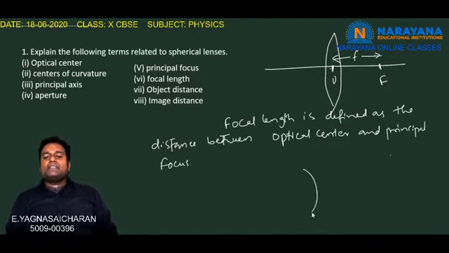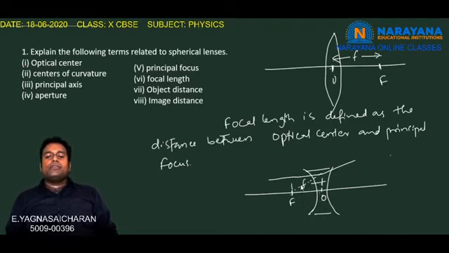Whereas in the case of concave lens, it is also the distance between the optical center to the principal focus. So this distance is also called f, the focal length.